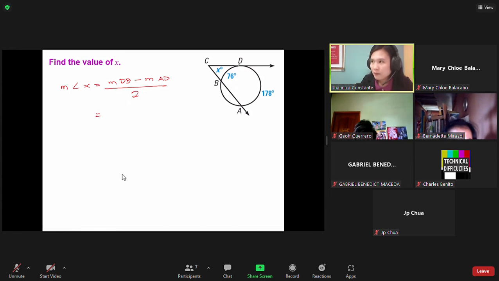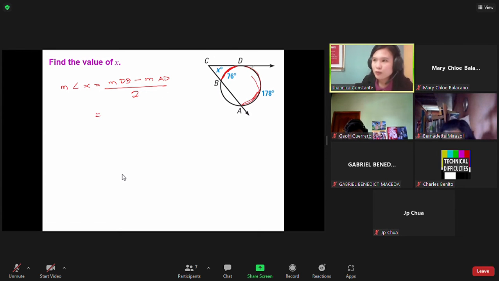Arc BD is the arc that is near to the angle. And the other intercepted arc is the arc in front of the other arc that you use in finding the measurement of the angle.